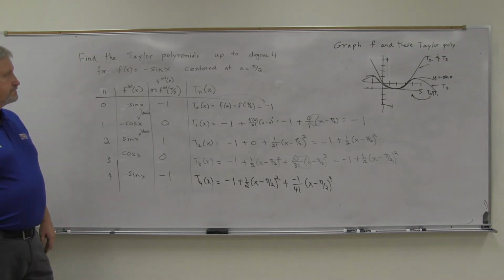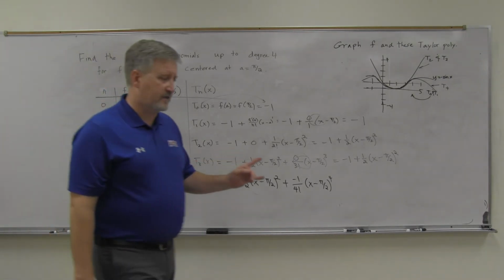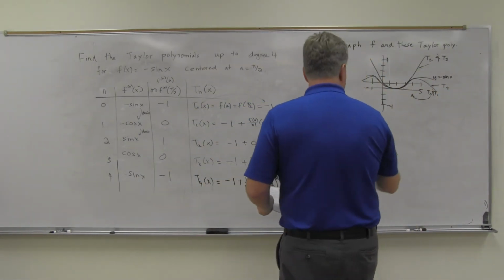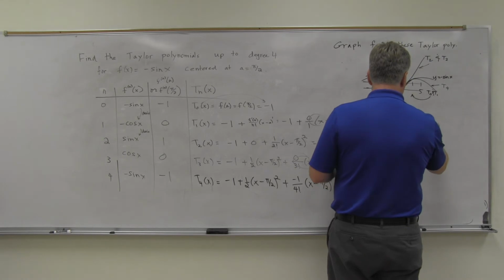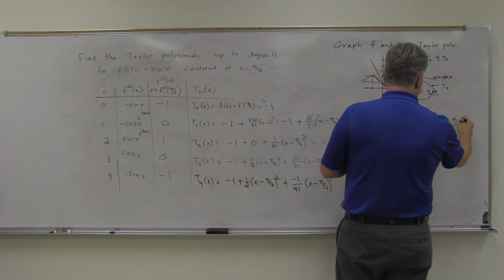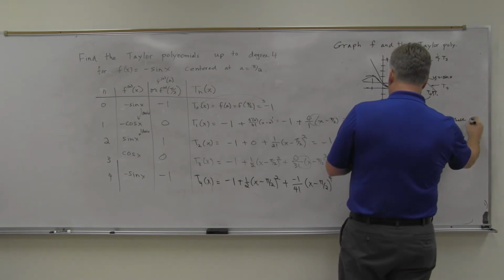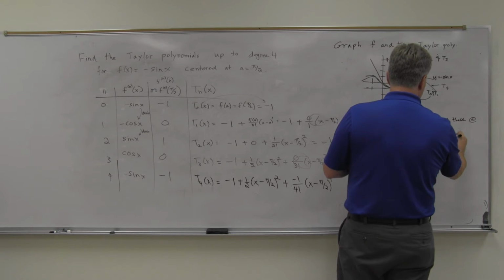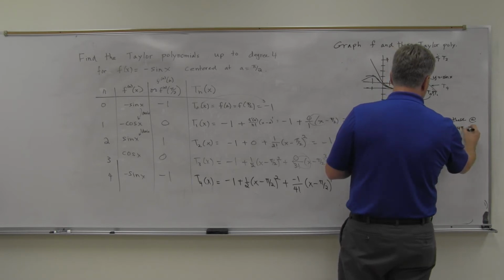All right. Now, one other thing they had on this is, do it right here if I can. So it's evaluate f and these at x equals 2 pi over 3, pi, and 4 pi over 3.